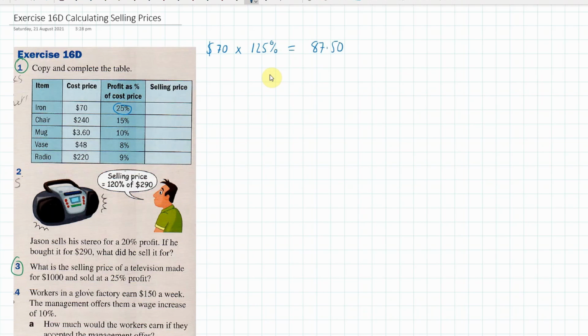$87.50. Okay, it's helpful to know that instead of writing 125%, you can also write that as 1.25. That's fine as well. So whichever works for you. So I've got 87.50 for this first one here.